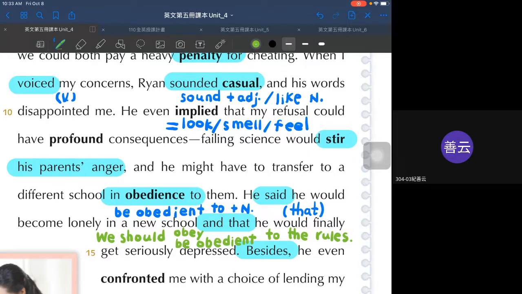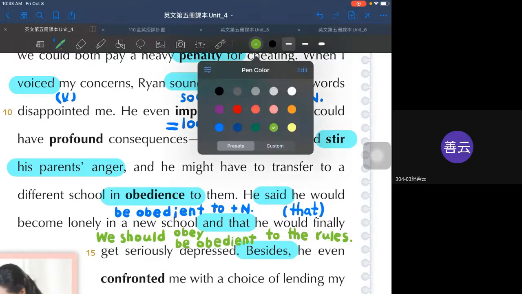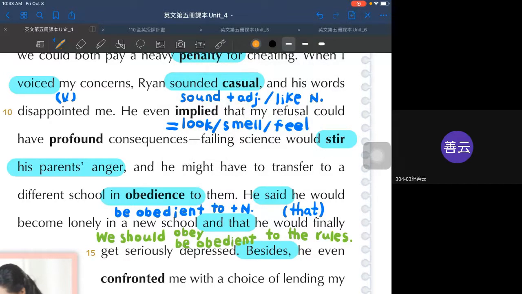So there will be 1, right? He will become lonely in a new school. That will be the first thing. And the second thing will be he would finally get seriously depressed. All right. So originally the sentence will be like, he says that. So you can also put the word that here.